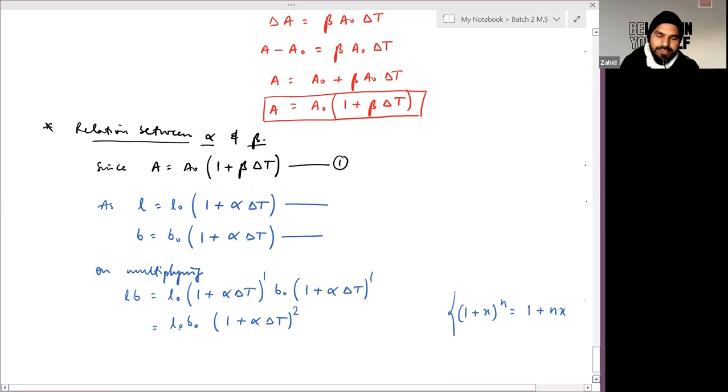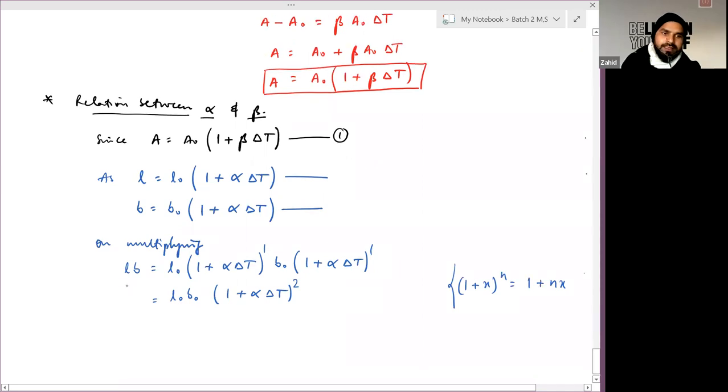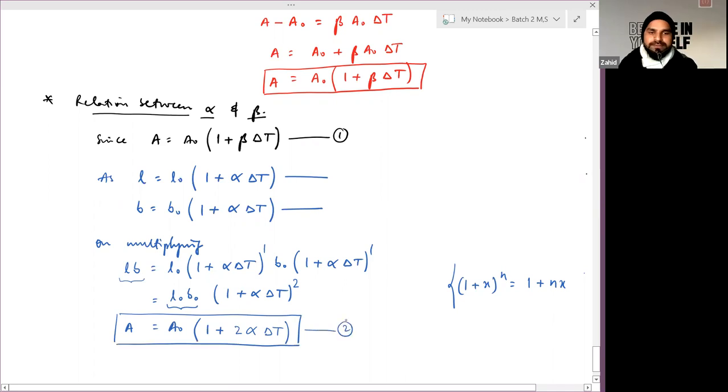Using this expression, we may write length into breadth as final area, and L naught into B naught as initial area A naught, and the 2 will get multiplied with alpha using binomial expansion. So your final expression will be this, related to length and breadth. Let's say this is equation 2. Now just compare equation 1 and 2 and try to define the relation between alpha and beta.